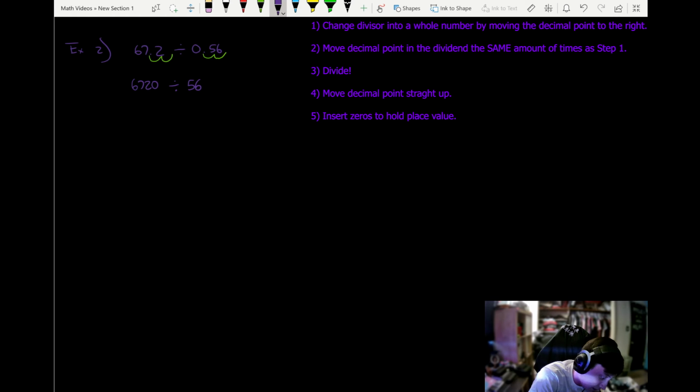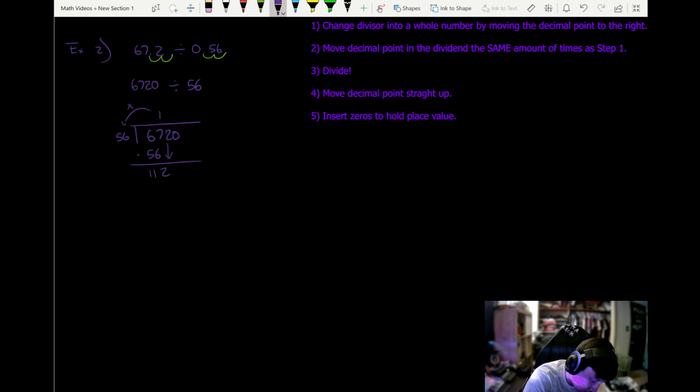Then step 3 is divide. So we do 6,720 divided by 56. How many times does 56 go into 6? 0 times, 56 is way bigger than 6. What about 67? 1 time, and 1 times 56 is 56. 67 minus 56 is 11. Carry down this 2.